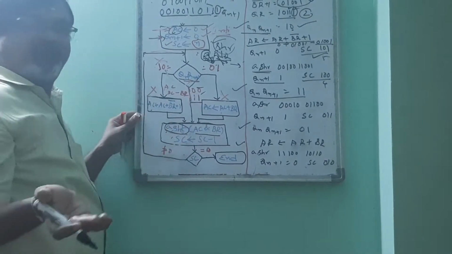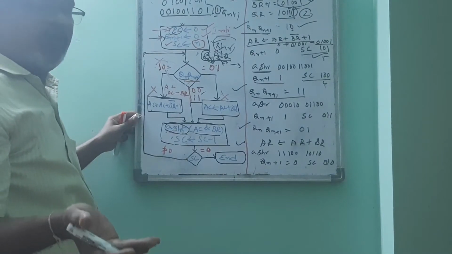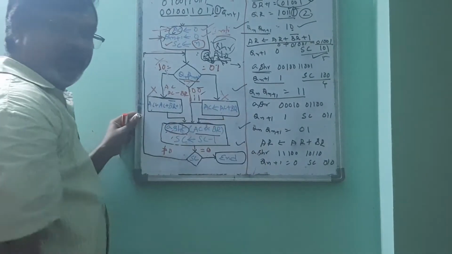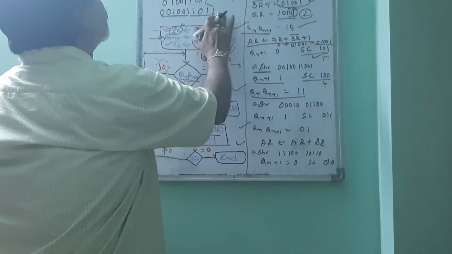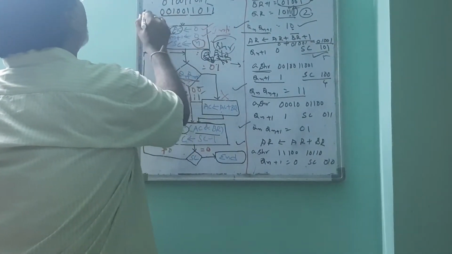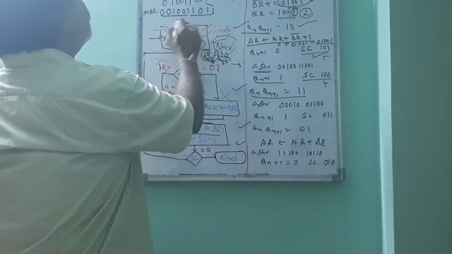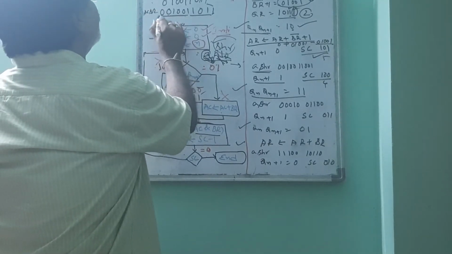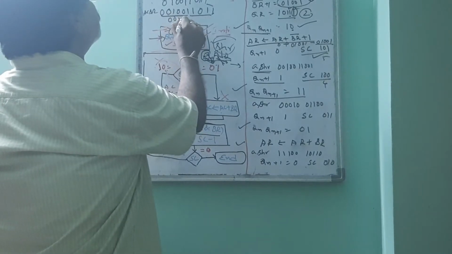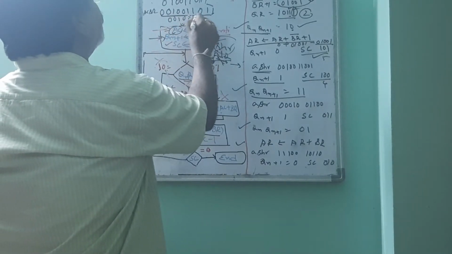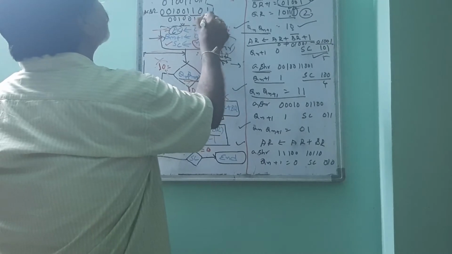Simply we are shifting the value of AC and BR and decrementing the sequence counter by 1. So now, if you take this as the AC and BR value, after shifting it we will write 0, 0, 1, 0, 0, 1, 1, 0, 1.